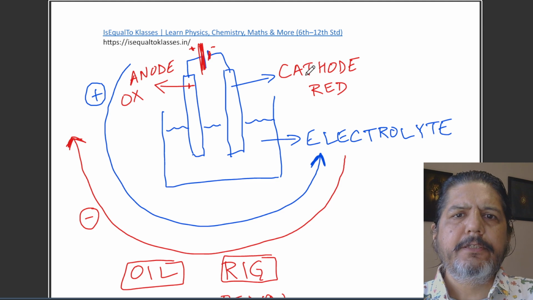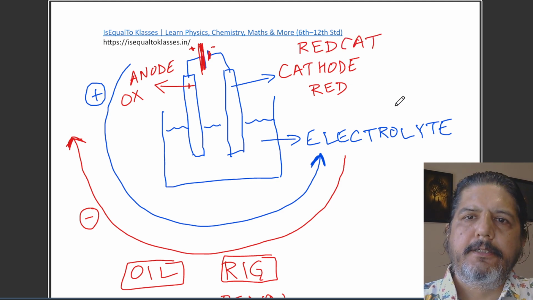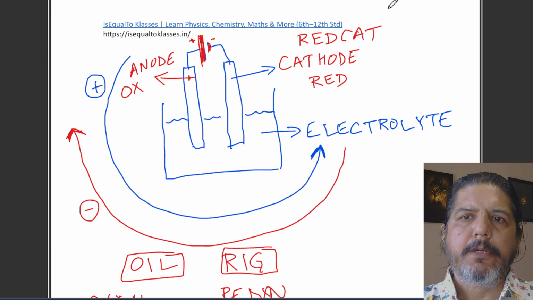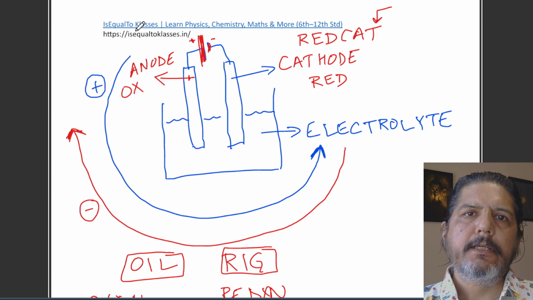Another thing which I suggest is the mnemonic red cat. Red cat implies that the reduction will always take place at the cathode. Another phrase that you can remember is an ox.